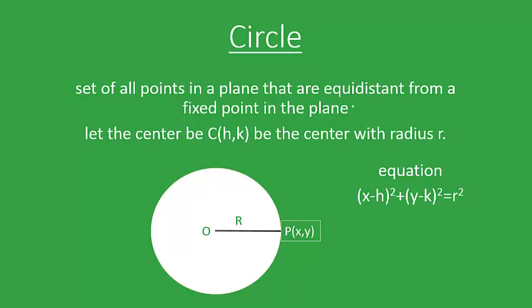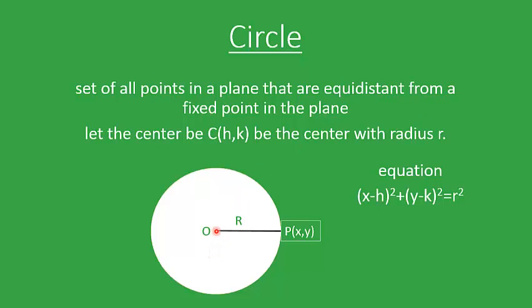Okay, so after we have distinguished how these conics are obtained and what they are, let's first look into the simplest conic, which is obtained when beta is equal to 90 degrees, that is, the circle. The definition of a circle is that it is the set of all points in the plane that are equidistant from a fixed point.